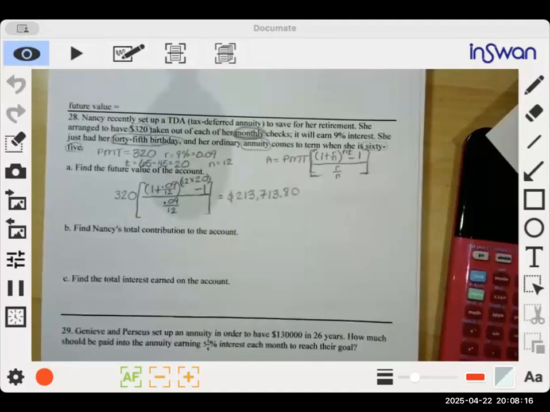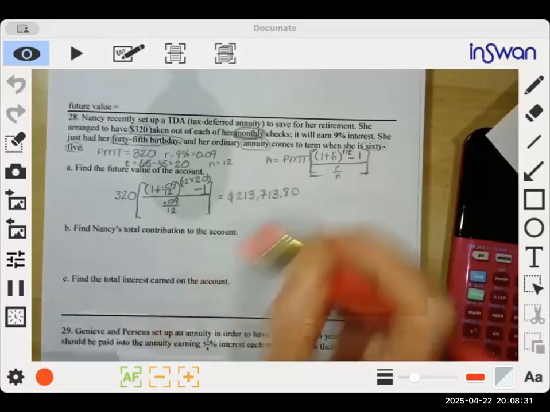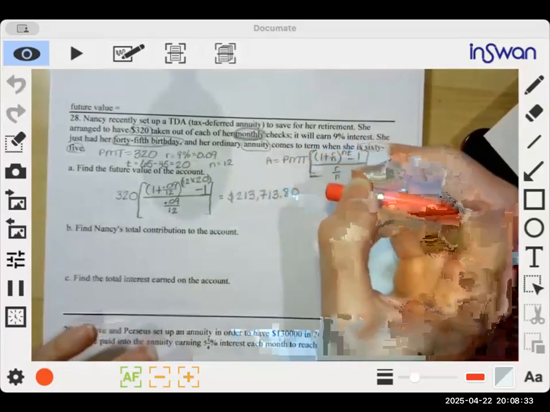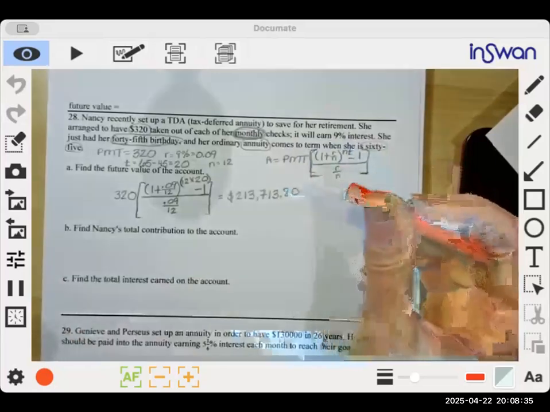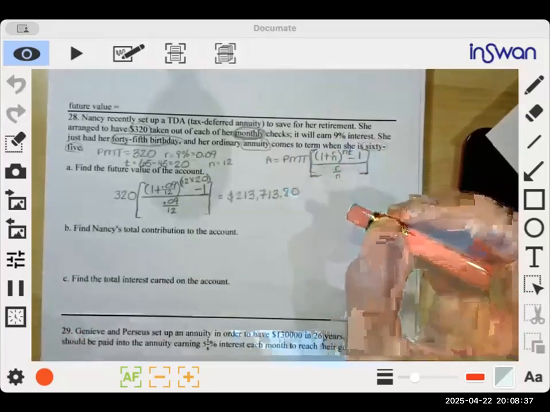On Desmos I got 0.7984, which I rounded up to 80. It could be that I typed it in wrong, or I mean, I wrote it down wrong.